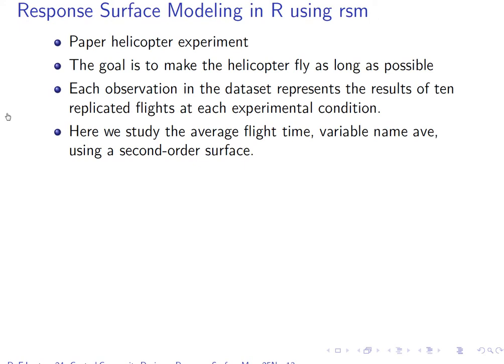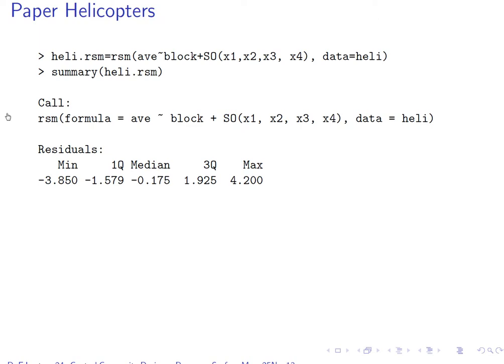Now what we're interested in is a response surface model using a second order surface. So here's the R code that we start with. The function is RSM that we use to estimate the response surface.